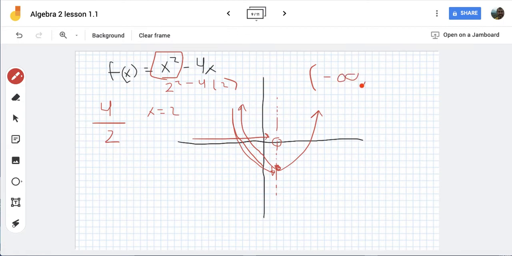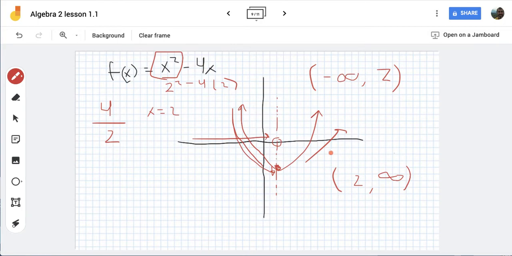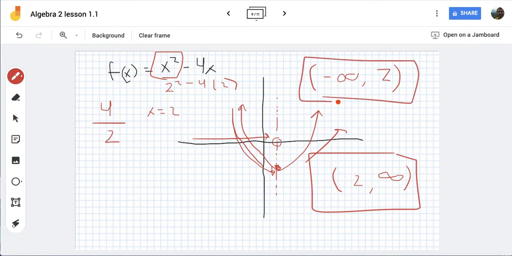That's better. -infinity to 2, but it doesn't include 2. And then it's increasing from 2 and up. I should probably be careful of which way I worded that, because the first thing they asked for is for what values is it increasing. It's increasing for this range of values, and it's decreasing for that range of values.